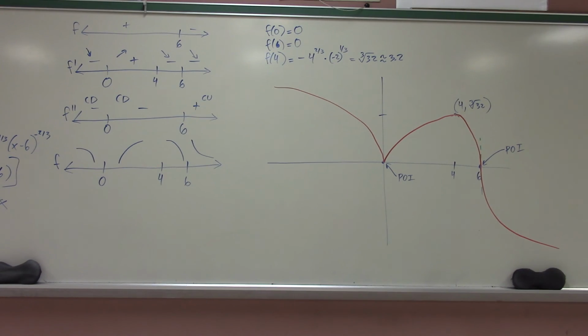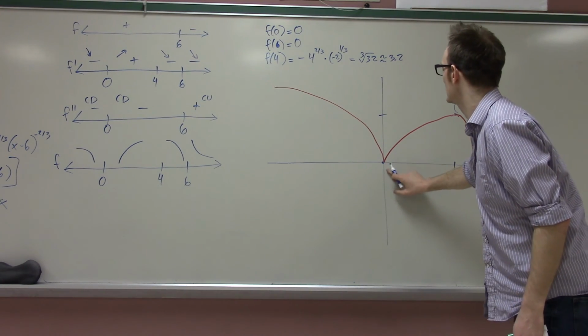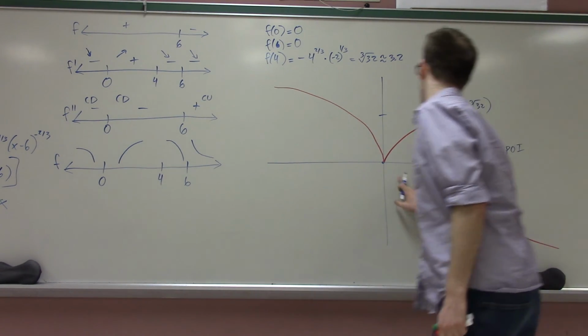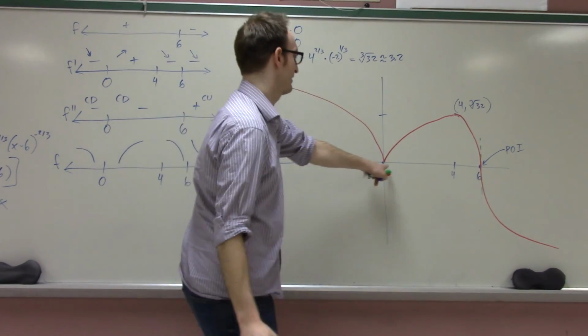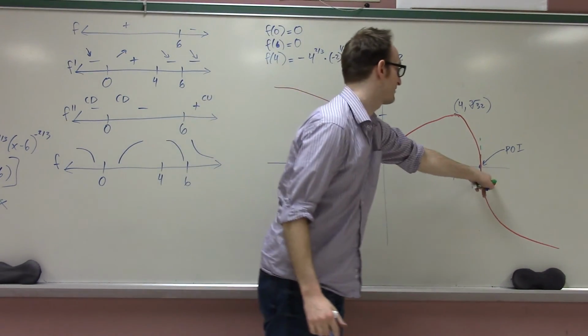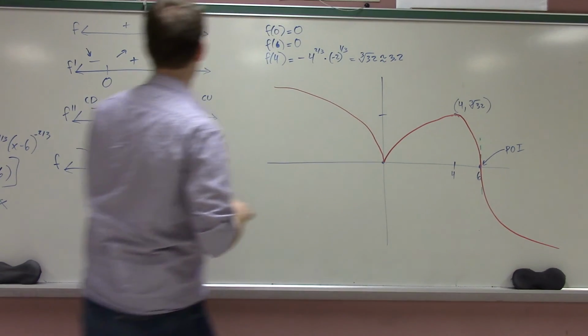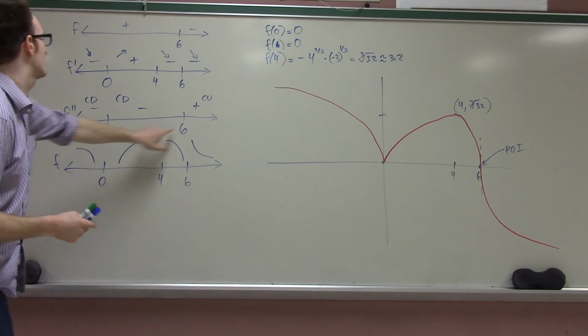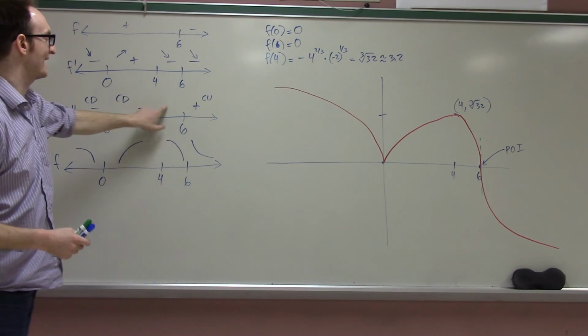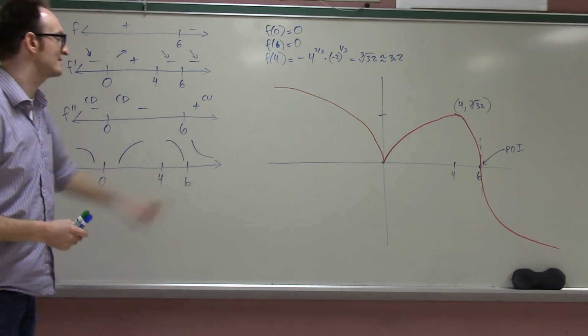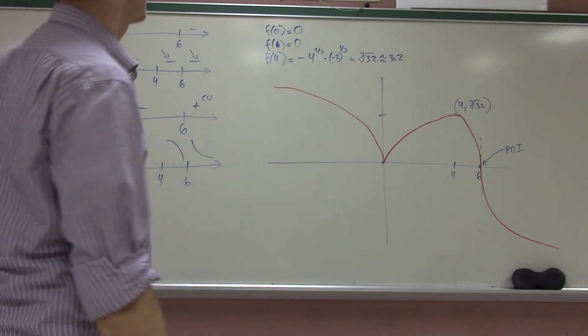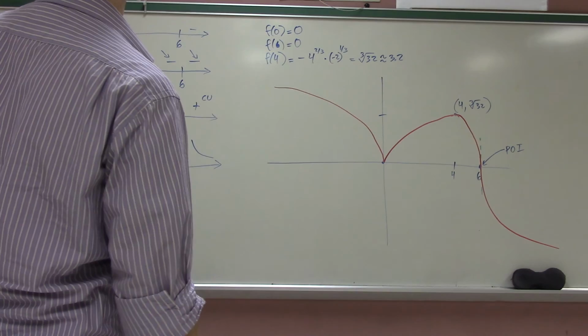Oh, actually, no. This is not a point of inflection because the concavity doesn't change there. That's just a place where the derivative does not exist. The derivative also does not exist at 6 for kind of a different reason. Yeah, there's only one point of inflection, when the second derivative changes sign from negative to positive. That's pretty much it.